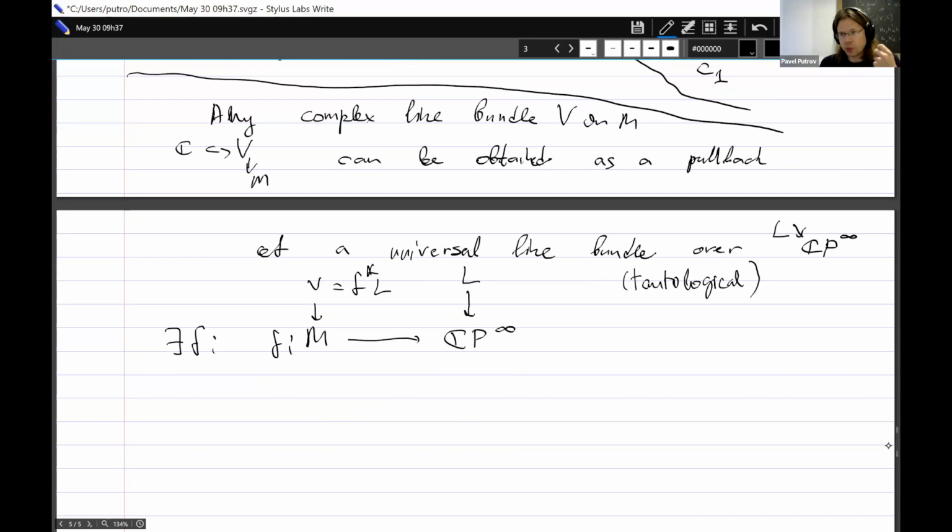And the pullback, I remind you, roughly means the following.